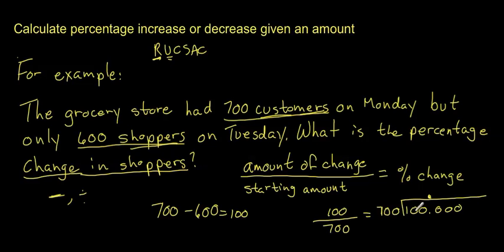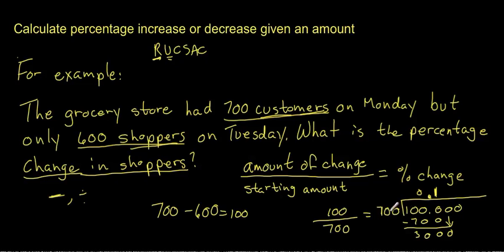Does 700 go into 100? No, it does not. Does it go into 1,000? Yes, it does. It goes in 1 time, 700. That leaves us with 300. Bring down the 0, 3,000. How many times does 700 go into 3,000? It would be 4 times.